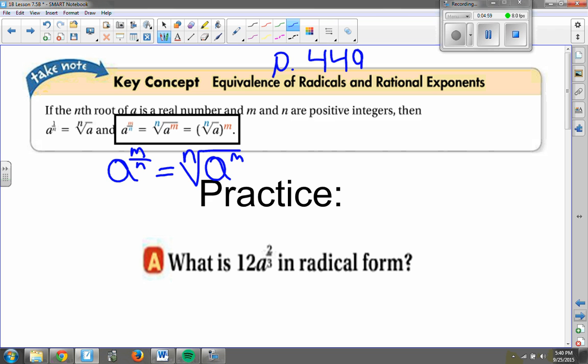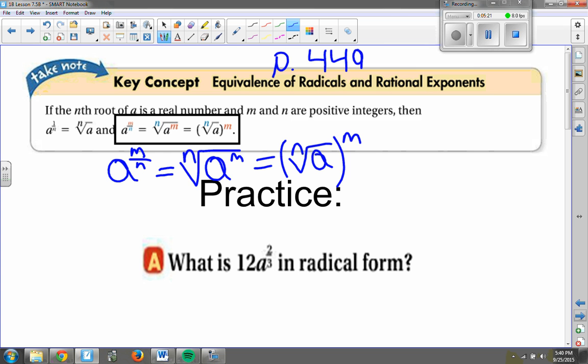It is also the same as, in parentheses, the nth root of A, close parentheses, raised to the m power. All three of those things are exactly the same. Please add that to your notes.